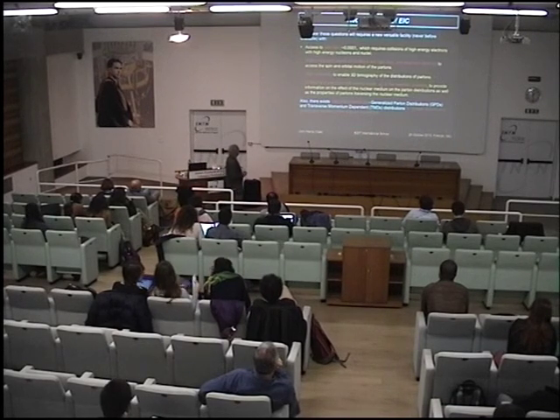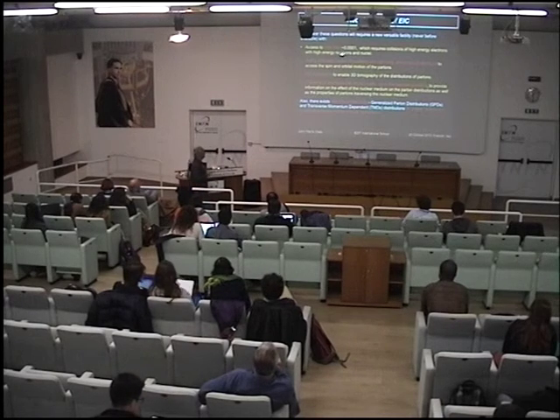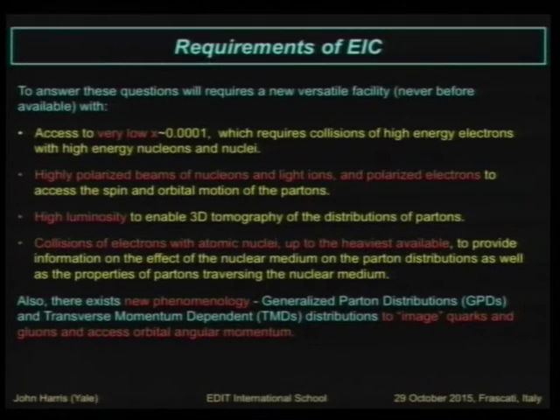Okay, so the bottom line in red is we need very low x, about 10 to the minus 4 or lower, for x, the momentum fraction. Highly polarized beams, high luminosity, because you want to do 3D imaging of gluons in the nucleon, and you want to collide because you want these low x electrons in atomic nuclei.